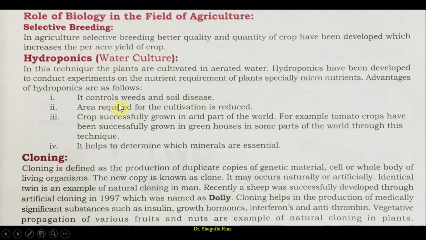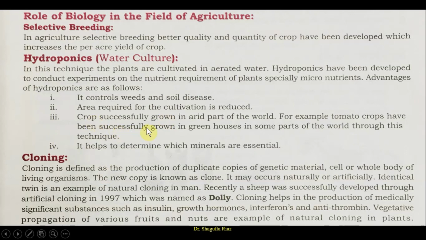And it can control weeds. The weeds are the parasitic plants which feed on our crops. So when there is no soil, these weeds cannot grow in that water culture, right? Then the area required for cultivation will be reduced, as it is cultivated in water, so we don't need land for agriculture.